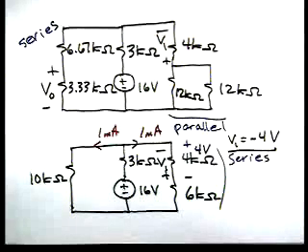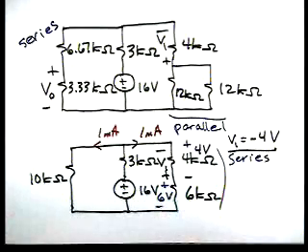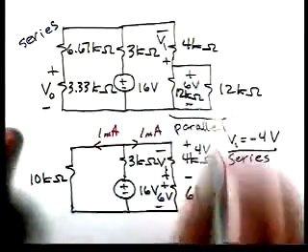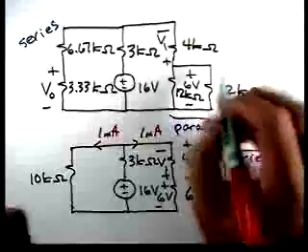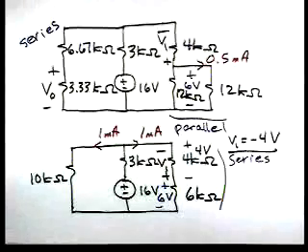And if we look on our circuit, then this voltage is 6 volts, which tells us that this voltage is 6 volts. And also we can calculate the current is 0.5 milliamps in that direction.